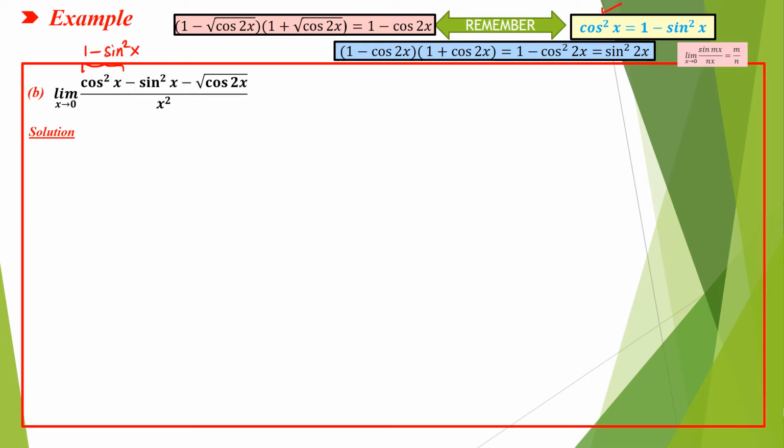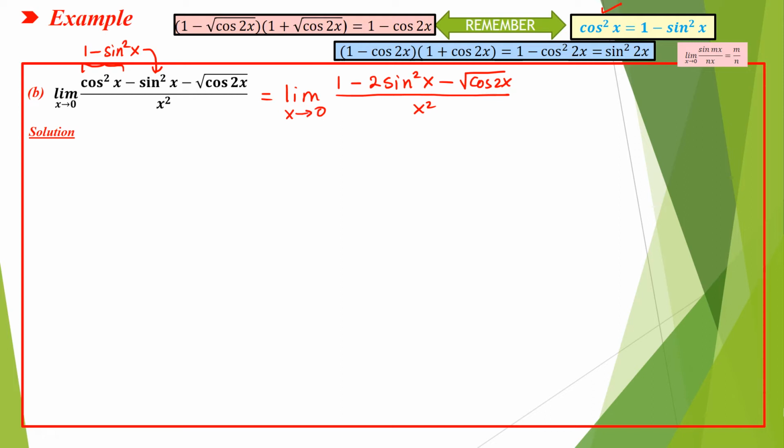Then we have 1 minus sine squared x minus sine squared x, so our limit will be the limit of (1 minus 2 sine squared x minus square root of cosine 2x) divided by x squared when x goes to 0.